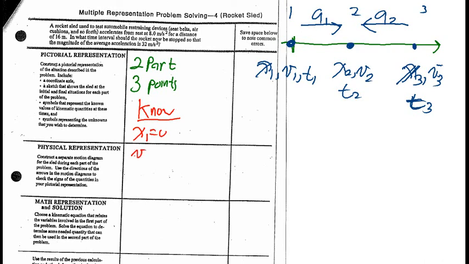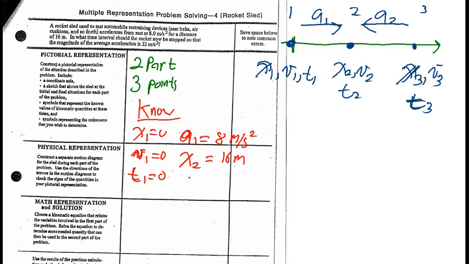Alright, now we start reading the problem, and we see that the acceleration is 8 meters per second squared. Value of a1, 8 meters per second squared. For a distance of 16 meters, that would be x2. 16 meters is x2. Alright, we continue to read. In what time interval should the rocket sled now be stopped so that the acceleration is 32 meters per second squared?